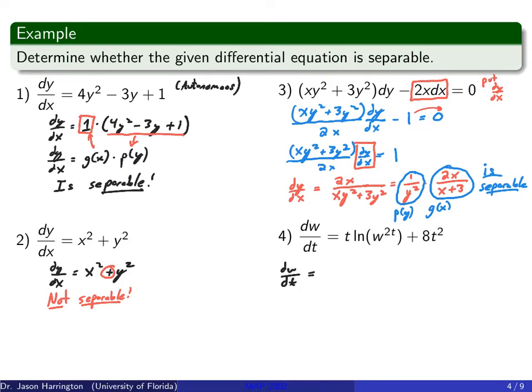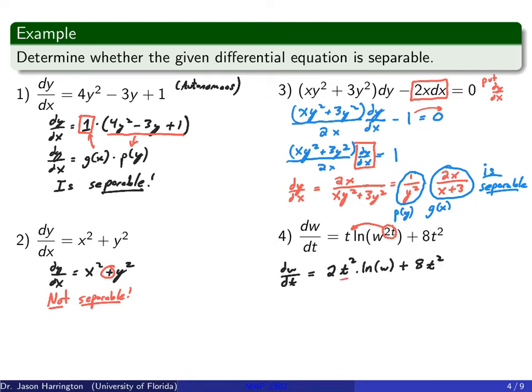So I need to figure out, can I pull out all the t's and all the w's together? I'm going to use properties of logs to take this and bring that down in front. So now I'm going to have 2t squared times the natural log of w plus 8t squared.